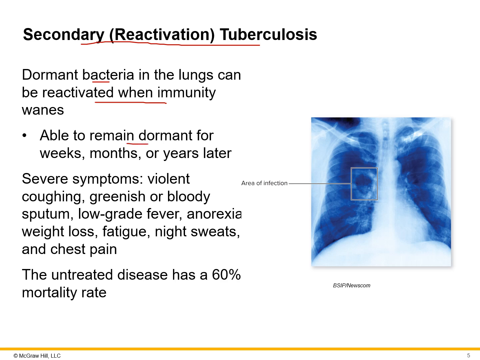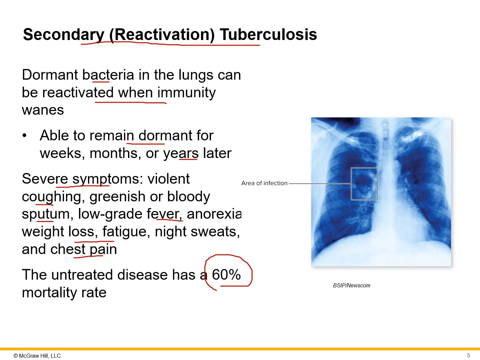Even though those can remain dormant for years or months, it leads to very severe symptoms, much worse than the primary infection. So it causes violent coughing, sputum or mucus that's greenish and bloody, fever, anorexia, weight loss, fatigue, and chest pain. If untreated, it can lead to about a 60% mortality rate.